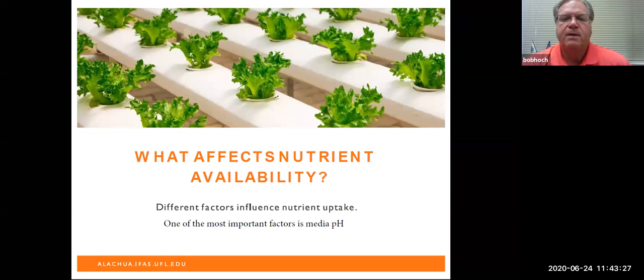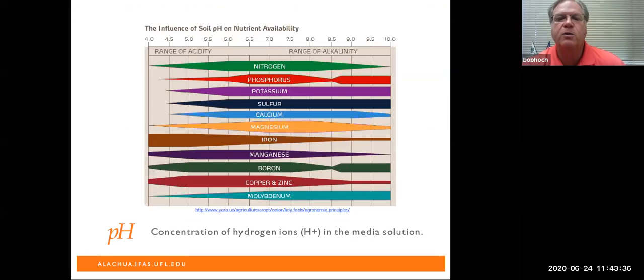So one last piece here, I certainly would be remiss if I didn't mention the impact that pH has on the availability of these nutrients. Some of you may have seen this particular table before, and the wider the band of each of those nutrients, the more available the nutrient is at that pH.